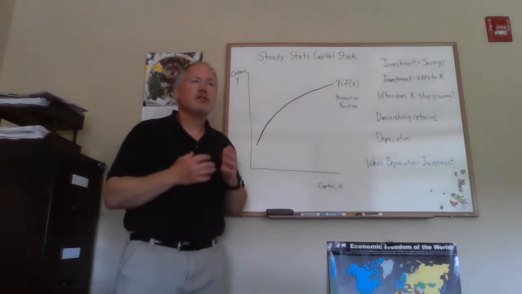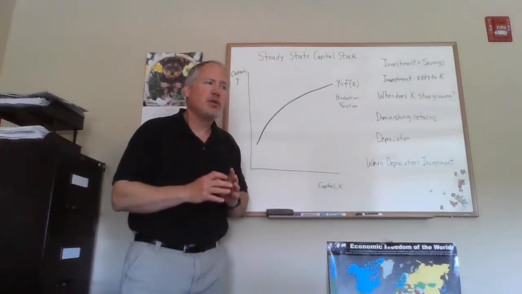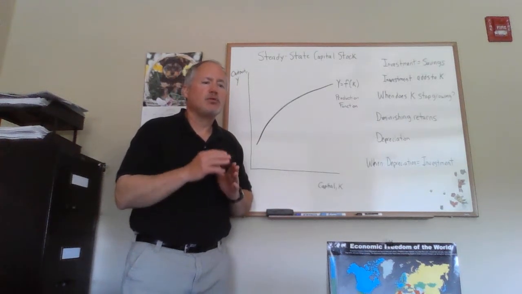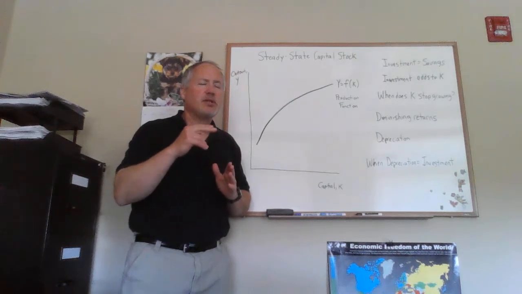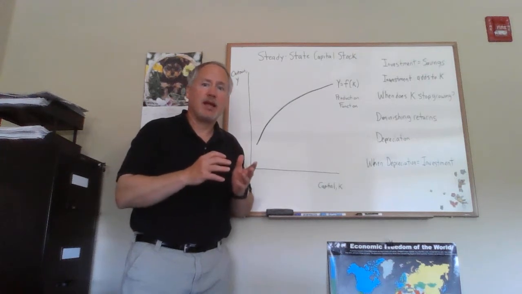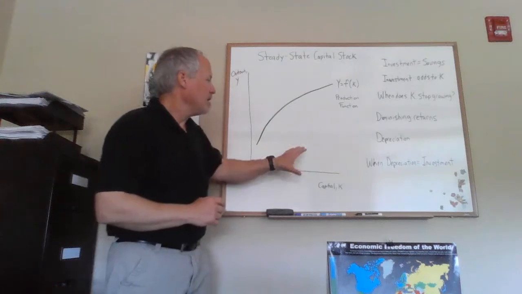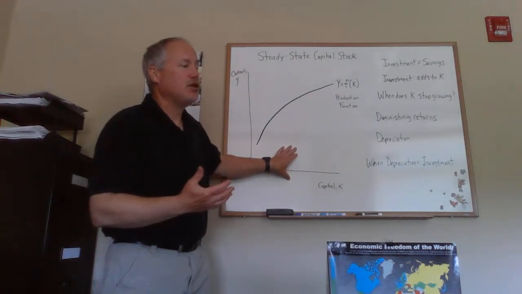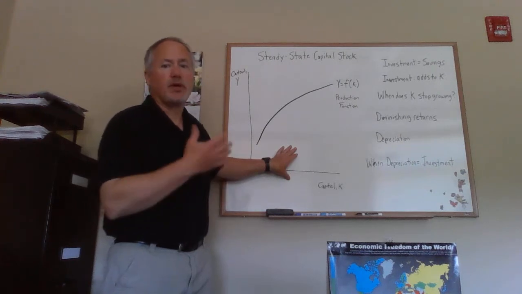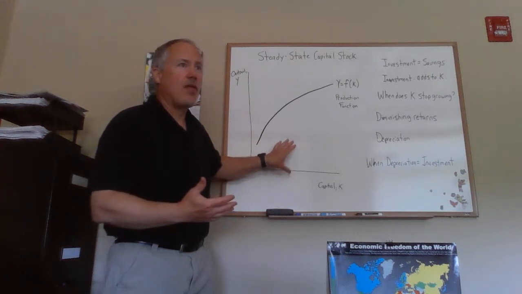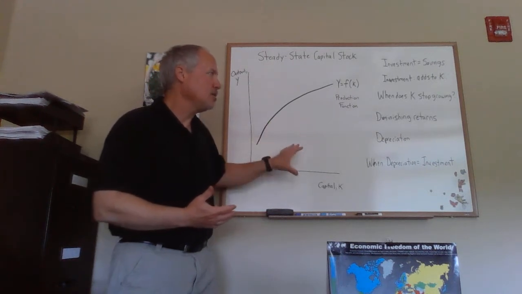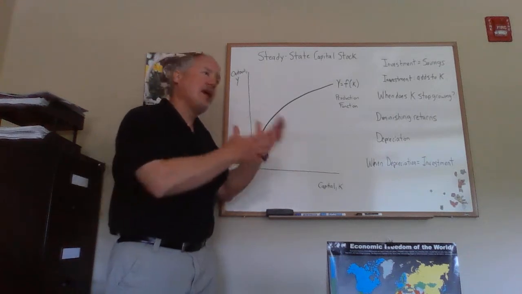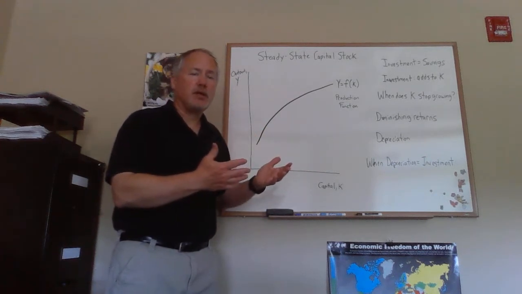Now, one thing we have to do here is explicitly bring in what's known as a dynamic element. We have to realize that this is a snapshot of the economy. It's showing, say, production in a given month or a given year. And then we can come back and have a similar picture to show production next year or next period.